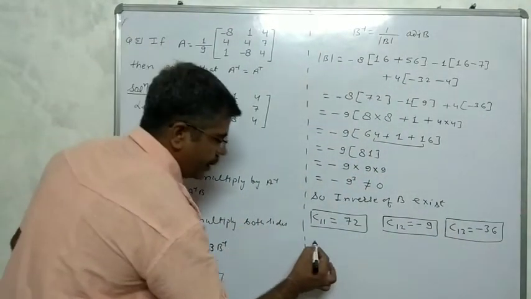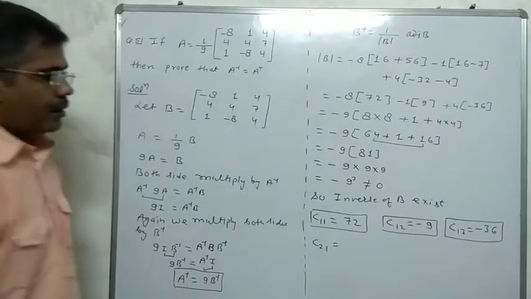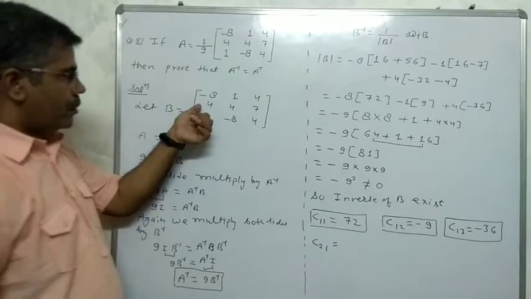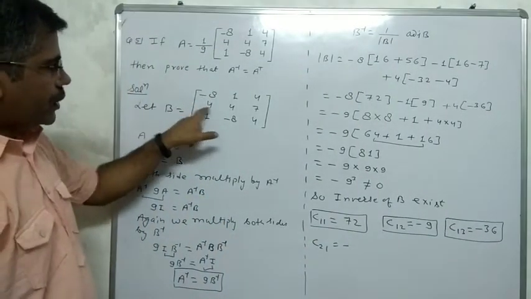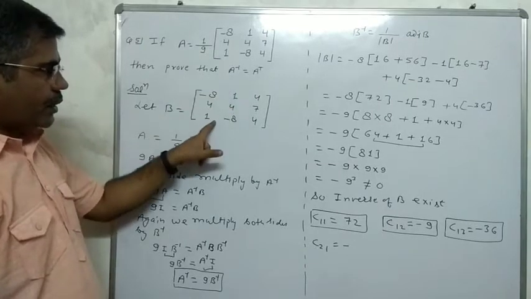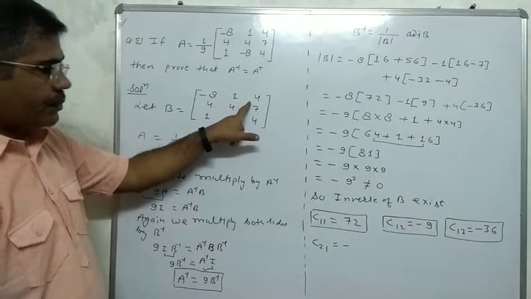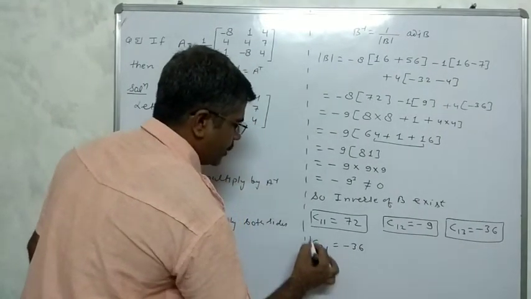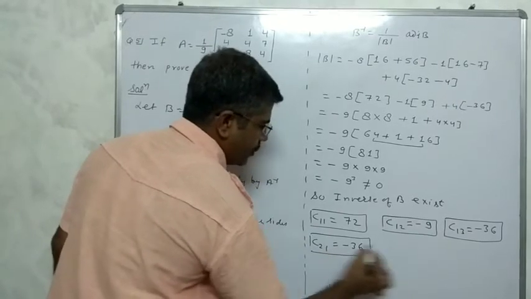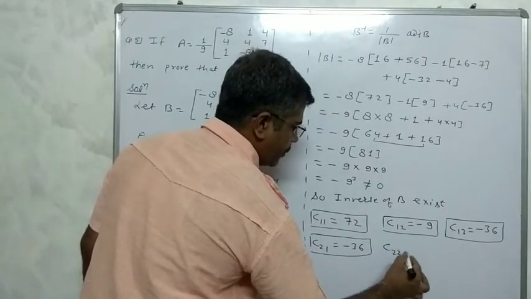Next, C21 gives negative. This row and this column delete. 4 plus 32, 36. C22 is again positive.